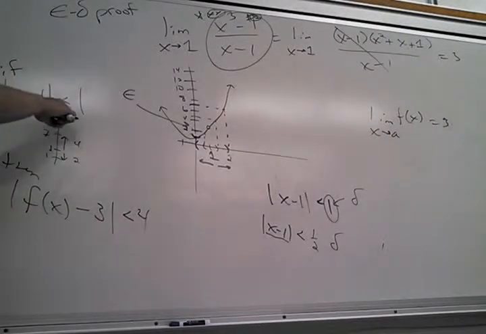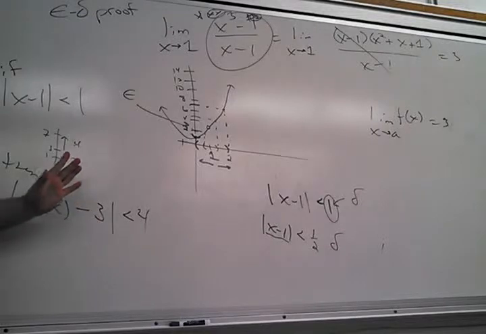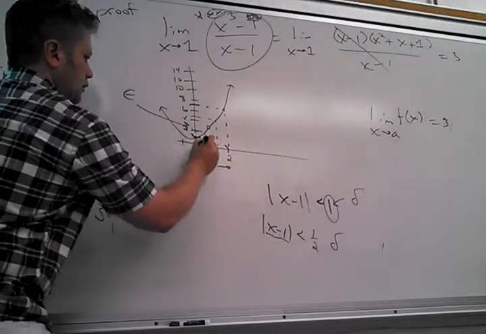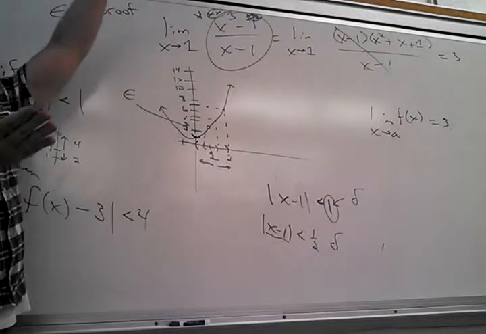So if I plug in 1.7, I'm guaranteed to be within 4 of the real limit. That's an even more concrete example of what's going on here. Anything in here will get me to within there, which is at most 4 away from the actual limit.